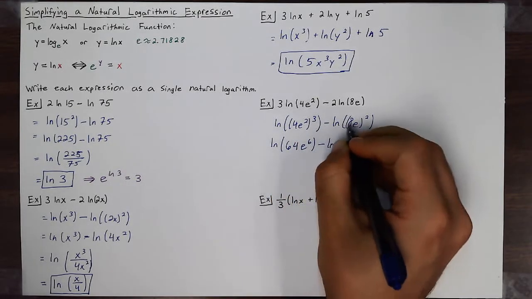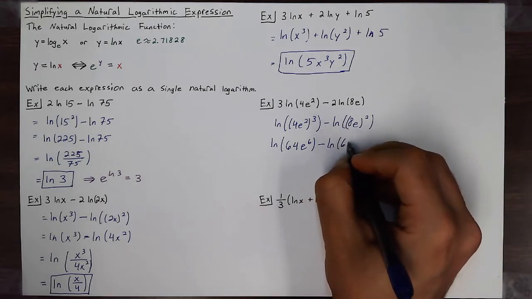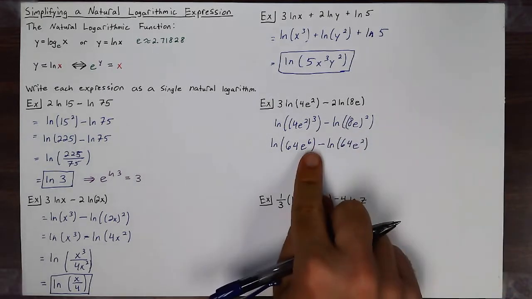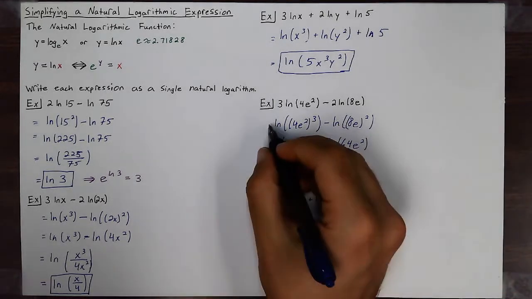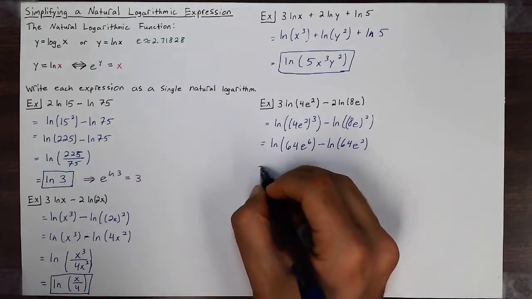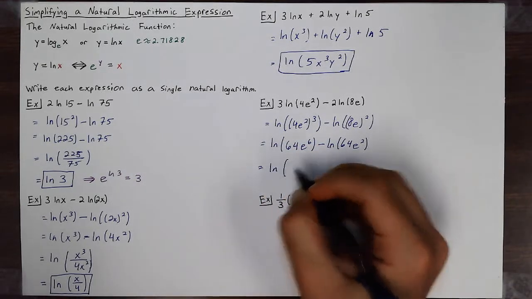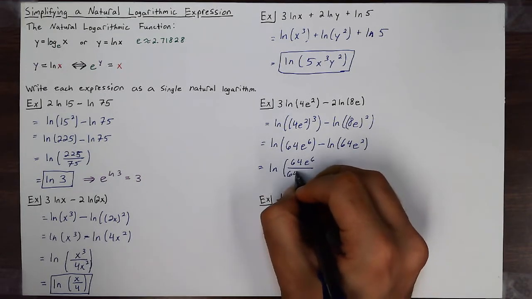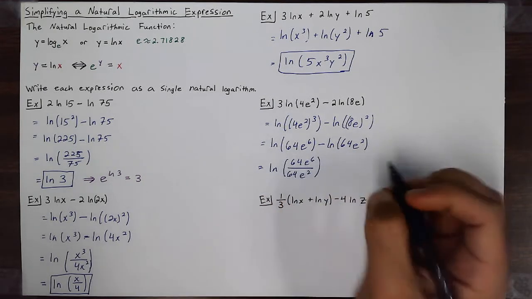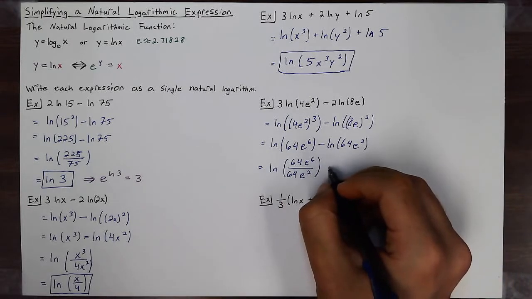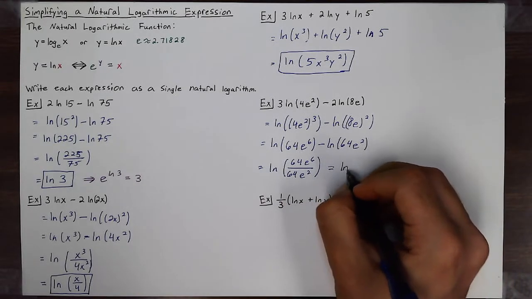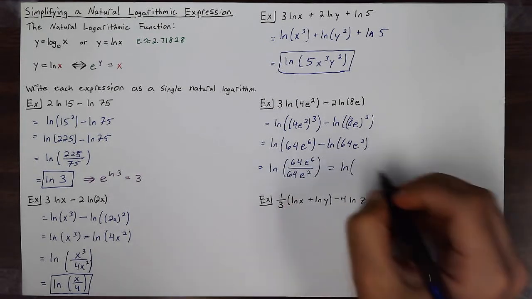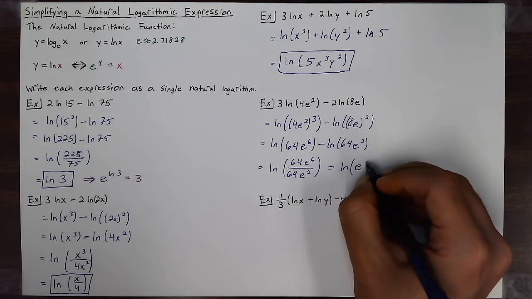Minus the natural log of 8 squared, which is also 64. And then e squared, which is just e squared. Now they're being subtracted, so I can combine these into one natural logarithm with division. So I'll have natural log of 64 e to the 6th over 64 e squared, which just gives me the natural log of, the 64's cancel, and e to the 6th divided by e squared. 2 of the e's cancel, giving me just e to the 4th.